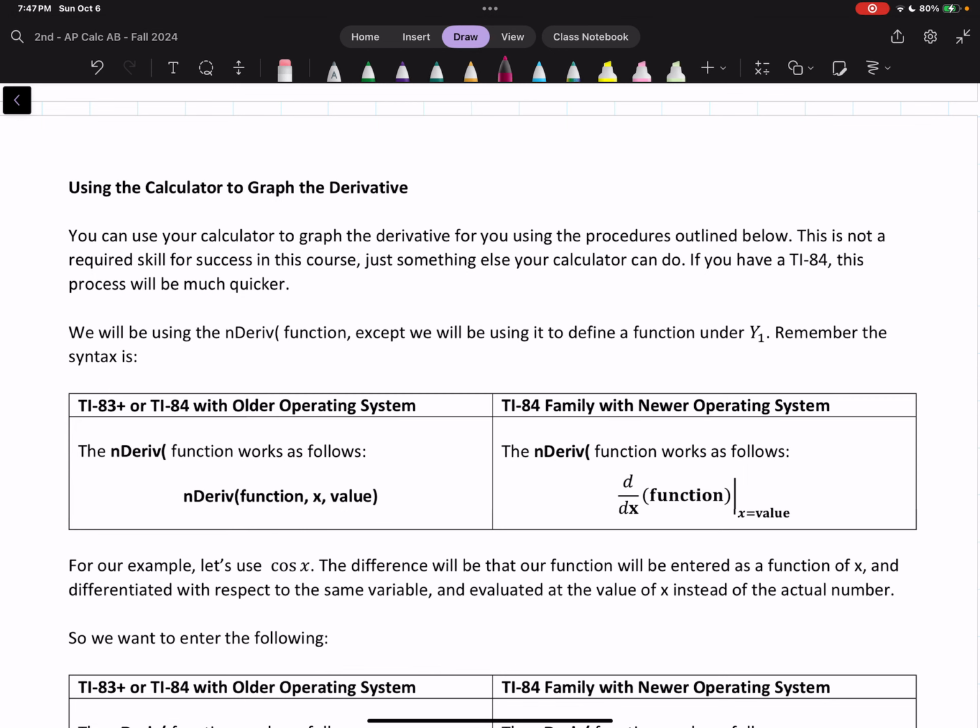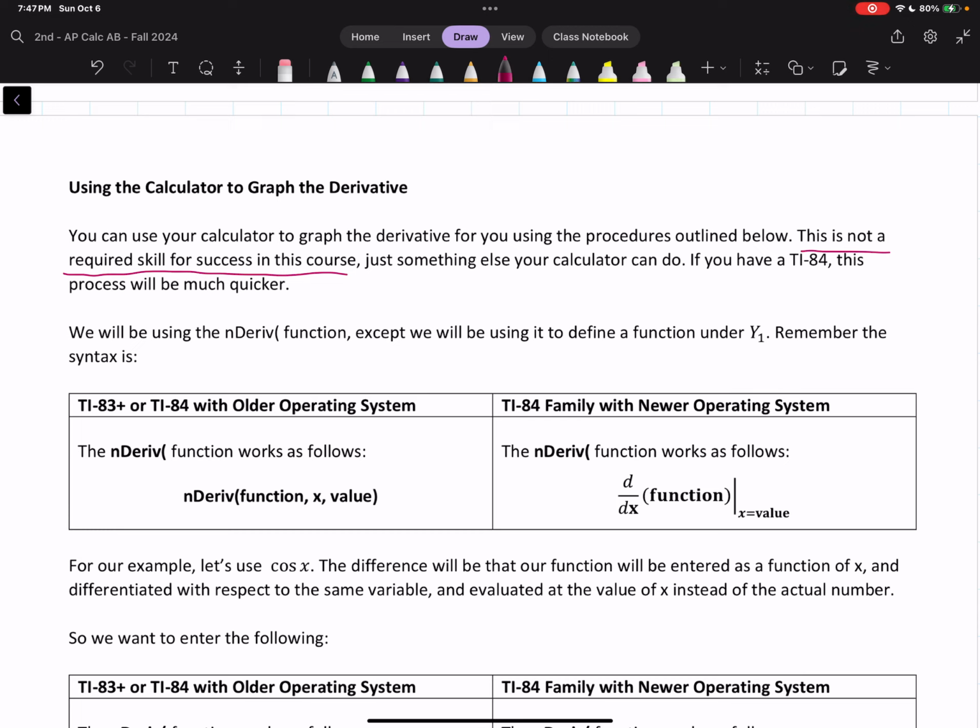Okay, on this last page here, the gist is that your TI calculator can actually graph a derivative. It's honestly not super useful, and it's not a required skill like just doing the derivative itself is.